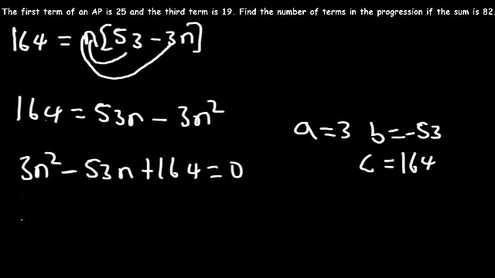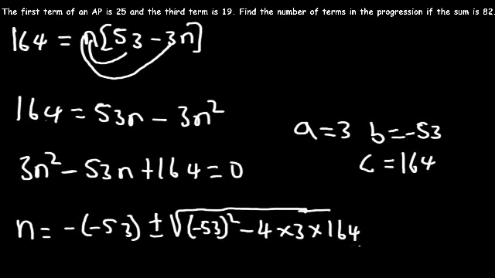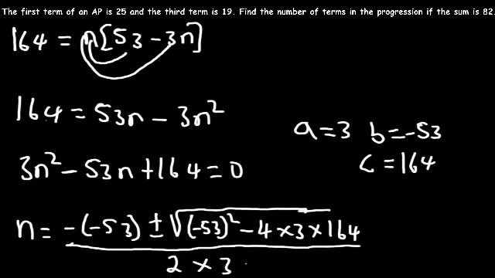So therefore the value of n will be equal to minus, in fact, minus 53, plus or minus the square root of minus 53 squared, minus 4 times 3 times c, which is 164, and all divided by 2 times 3.